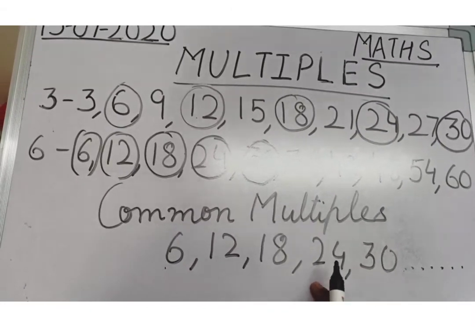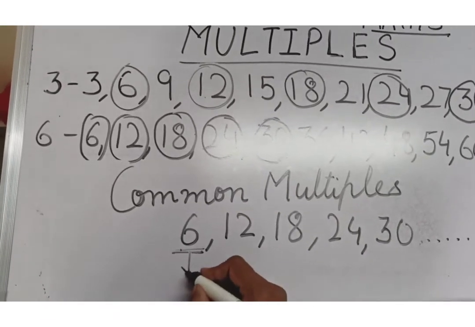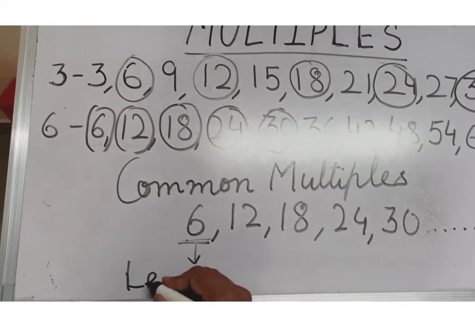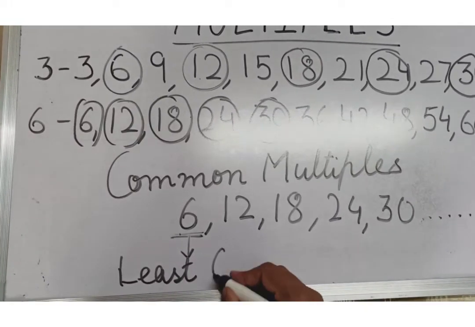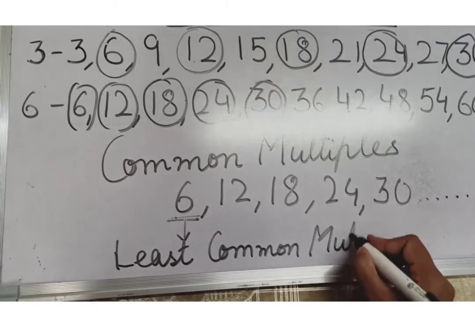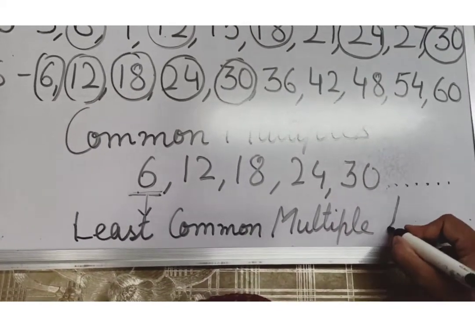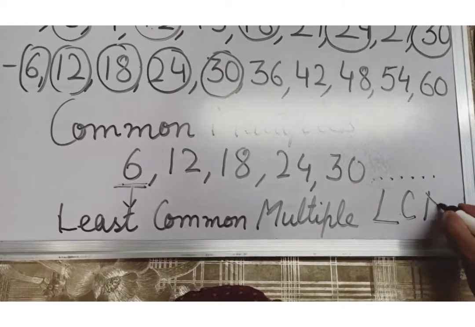And if I choose the smallest common multiple, it will be called the least common multiple, meaning the smallest common multiple, which is your term LCM.